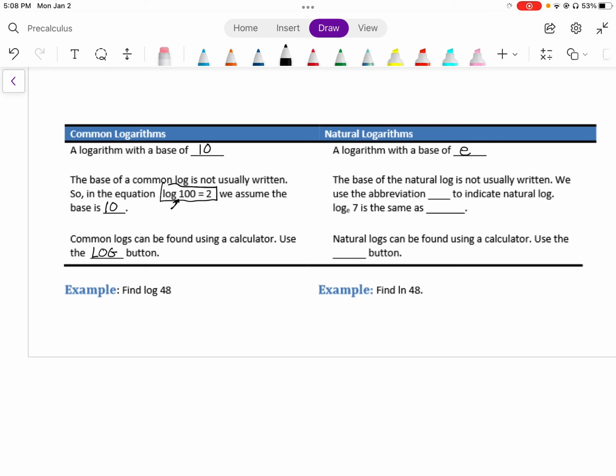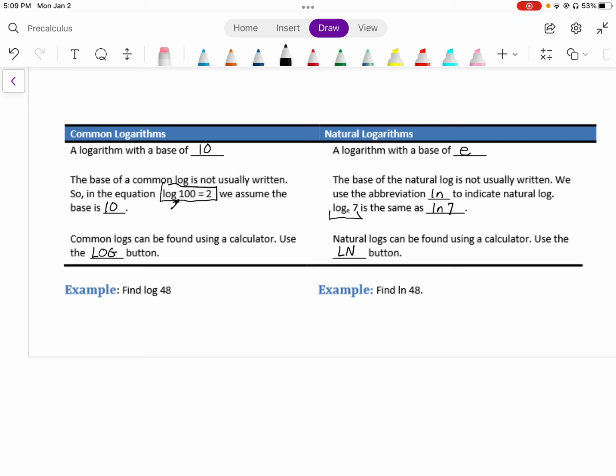So what we do is we use ln, for logarithm and natural, to indicate natural log. Log base e of 7 is easier to write as natural log of 7. Natural logs can be found on the calculator. Use the ln button, the natural log button.